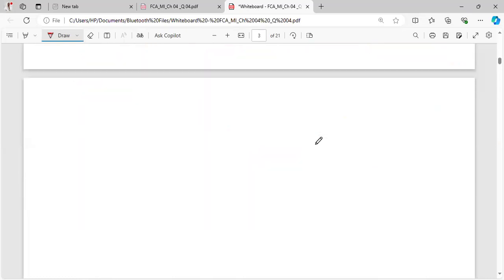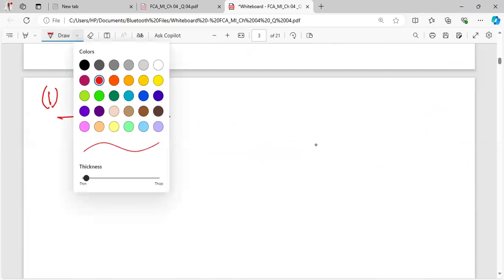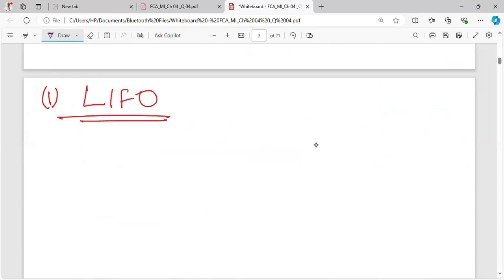We will now do the next one here, which is number 2, LIFO. Okay, so how do we do LIFO? We'll start again with date, quantity, price.